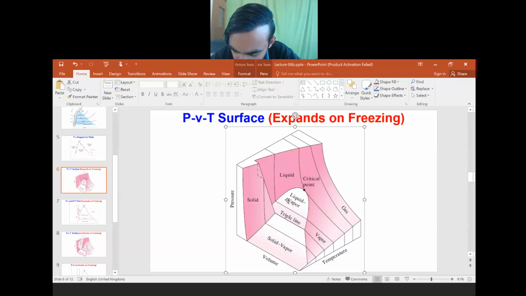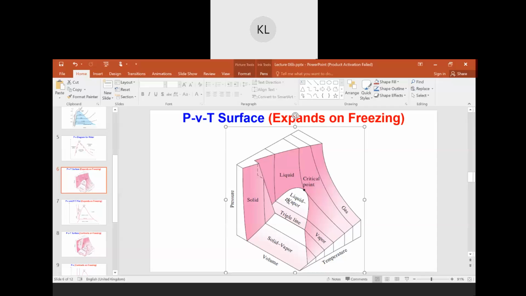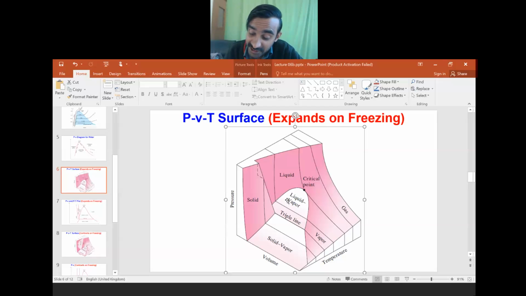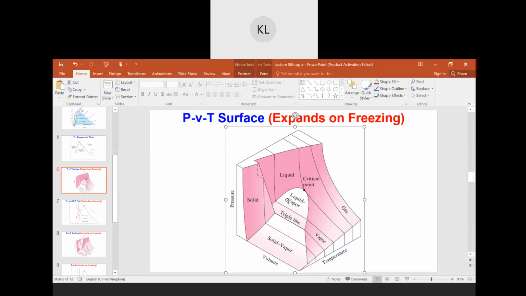So, sir, it means that there is no fixed point for the triple point. Like if we vary pressure, volume, temperature to some other values according to this line, even then we will get that triple point. No, but clearly, when you particularly follow this PVT surface, you will find that corresponding to the triple line, the value of pressure and temperature is unique.